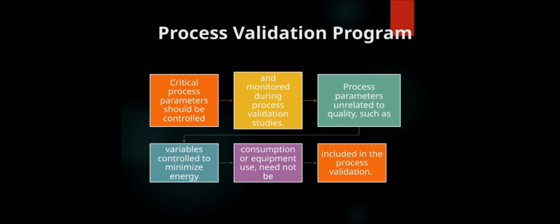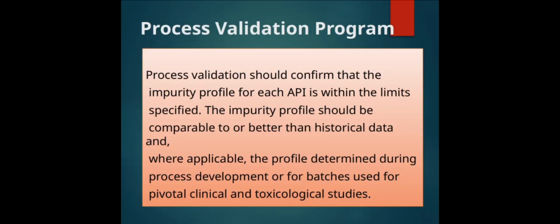It also provides documented evidence that our processes are capable of delivering the desired outcomes consistently. This ties directly into our overall goal of quality assurance and continuous improvement. By implementing a robust process validation program, we're not just complying with regulations, we're building trust with our customers and safeguarding our reputation. So, in essence, this program underpins the integrity of our entire quality management system.